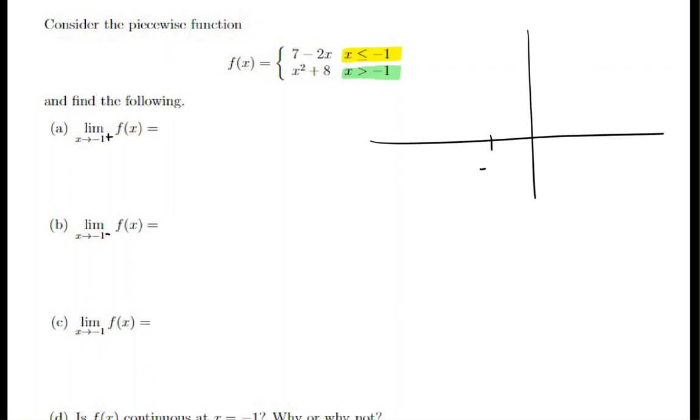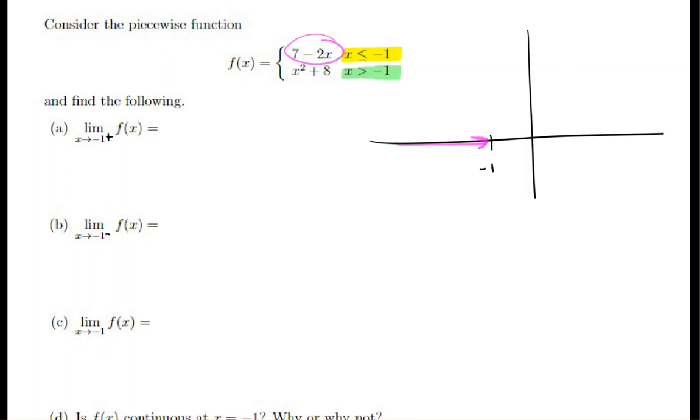So at -1, previously our function is acting like some straight line with negative slope, and then after it's acting like the parabola. As we approach through values to the left of -1, do you see we're approaching through values less than -1?